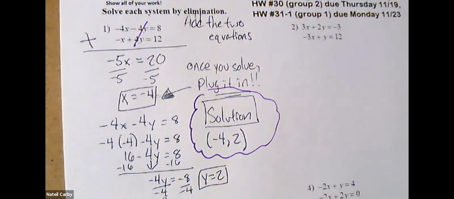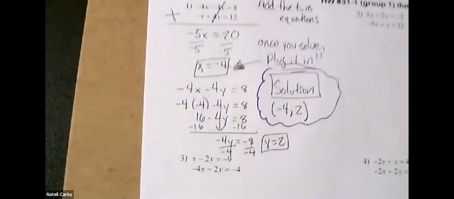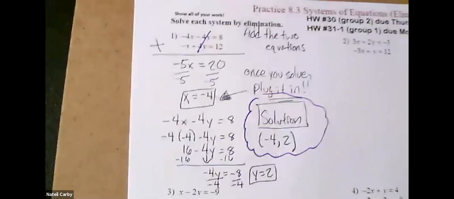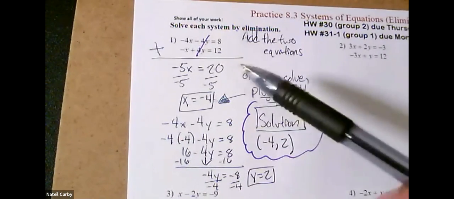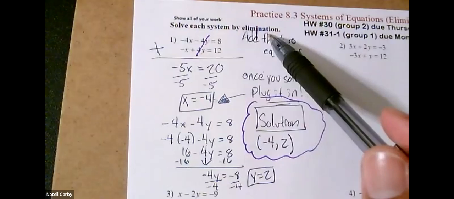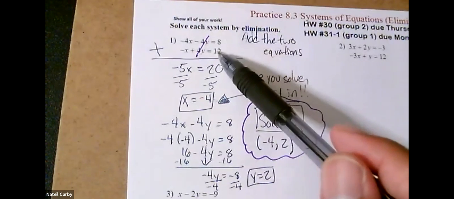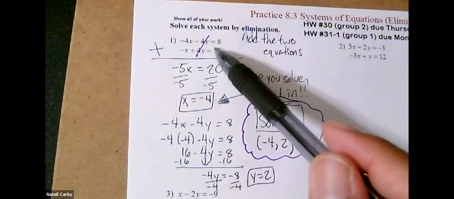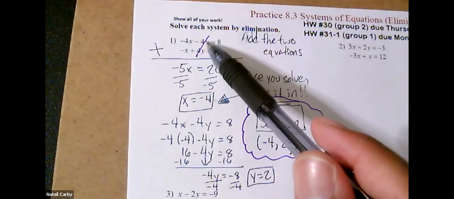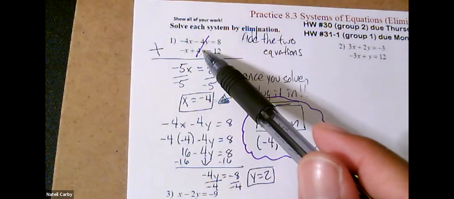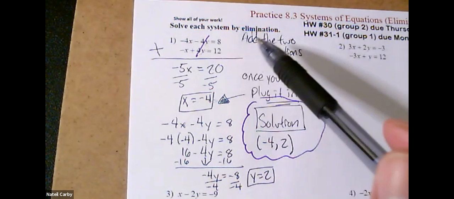Okay, let's back it up a little bit. To solve a system by using elimination, add the two equations first, but you want to look at it to see, can something eliminate immediately when I add them? That's what you want.